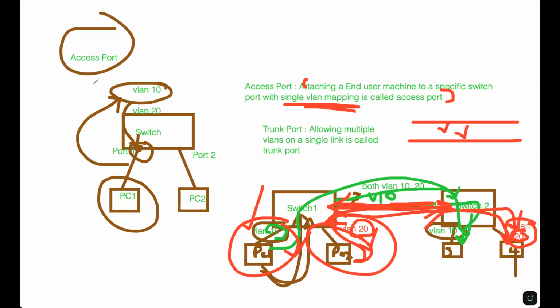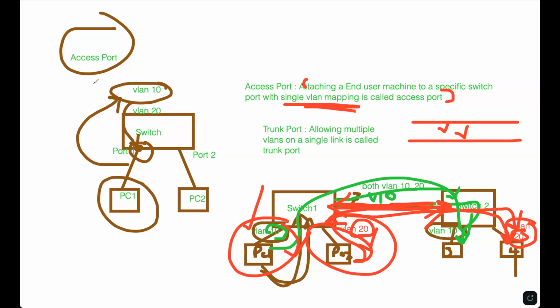Any questions? Sir, for example, when PC1 in switch 1 sends a green signal to switch 2, does it try to communicate with PC4 or only go directly to PC3? It will broadcast only to the ports on that specific VLAN. In this case, it will try to send only to PC3. It will never send a message to PC4 because it's in a different VLAN.